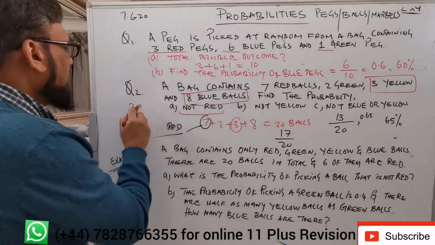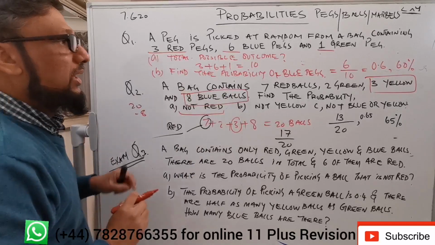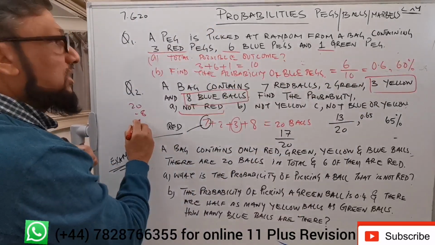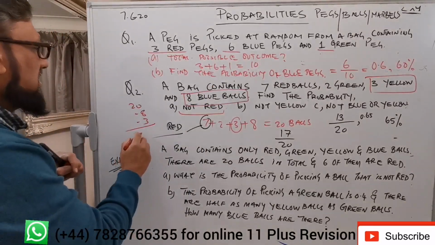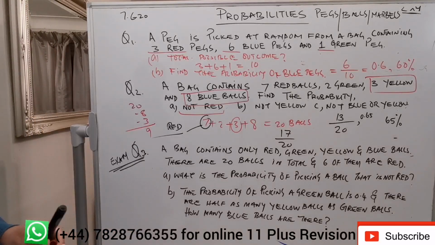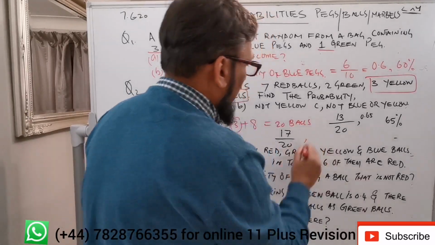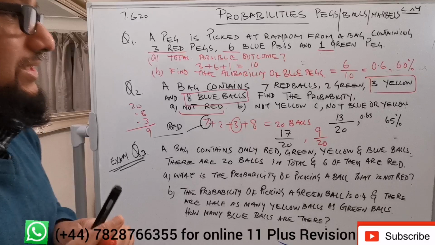So 20 take away 8 for blue, and yellow, how many are there? 3. So the remaining, the outcomes you want, is 9. So 9 over 20.